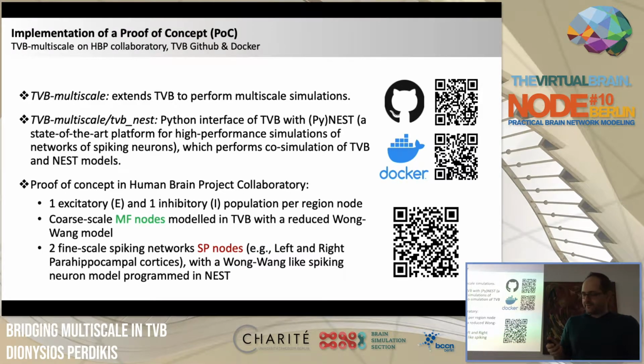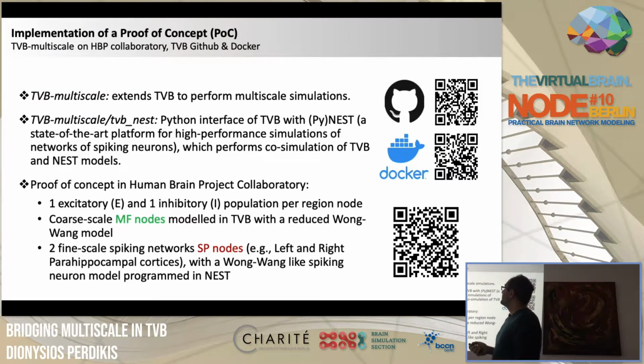So, as I said, this is a package called TVB Multiscale that is additional to the general TVB package. You can find it in the virtual brain repository on GitHub. There is a Docker image that you were asked to already pull, because we also need to have Nest installed, and this is not as easy.